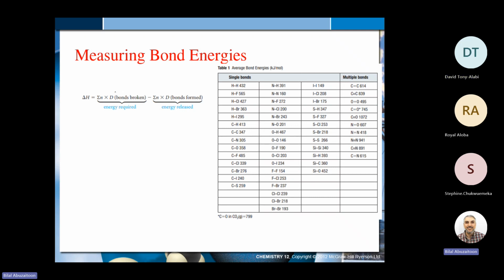Okay, this table, guys. Now let's go into having more examples. Bond energies. Maybe you ask yourself, okay, from where can we get these values, like the triple bond, it's 900 something. From where? There is a table. These values, please do not memorize them, okay?